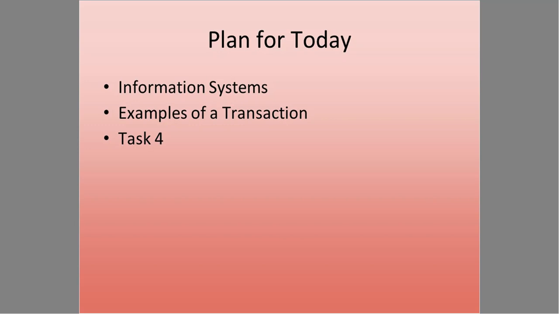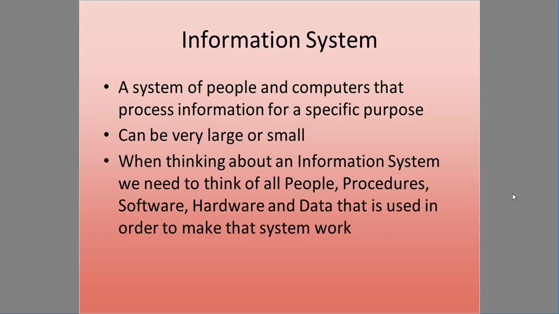So to begin with, let's learn what an information system is. Essentially, an information system, which we can shorten to system as well, is a system of people and computers that process information for a specific purpose. Now that is a very, very general definition.